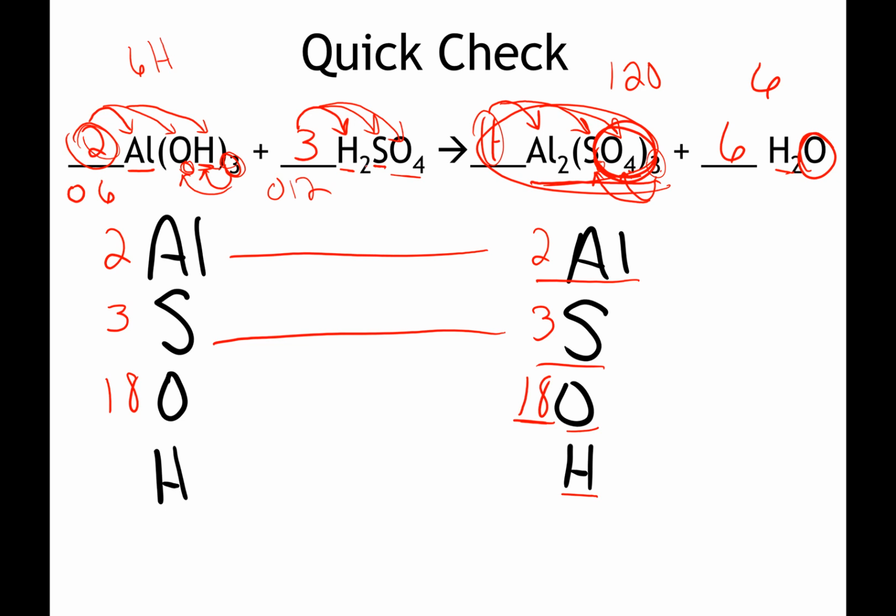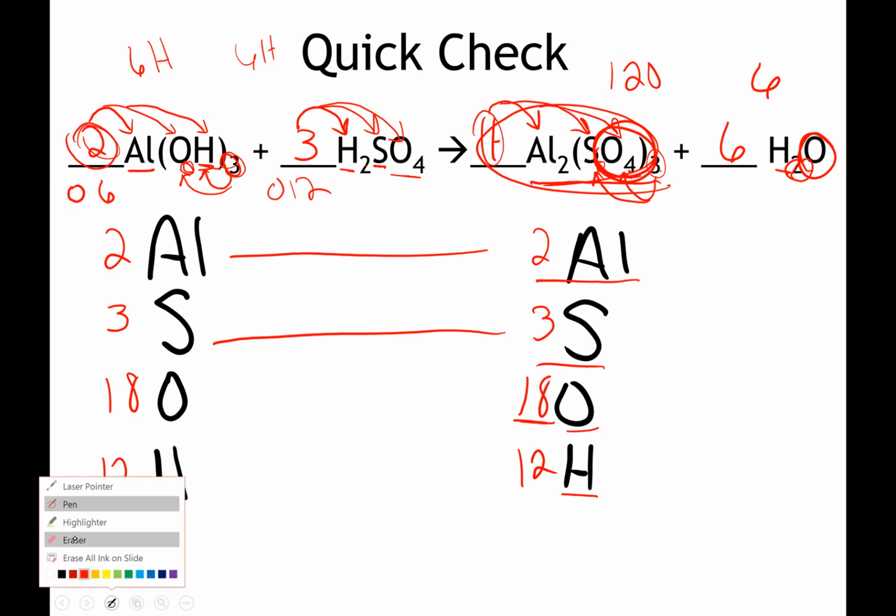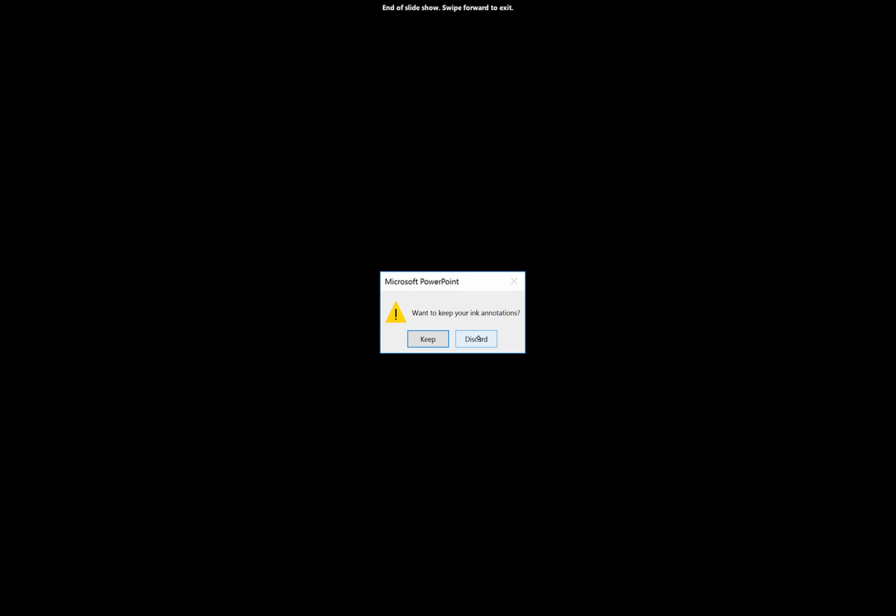I have again 3 times 2, which gives me 6 hydrogen from my second substance, which means I have 12 on my reactant side, which means I need 12 on my product side. 6 times 2 gives me that 12. So my coefficients, very quickly, were 2, 3, 1, 6.